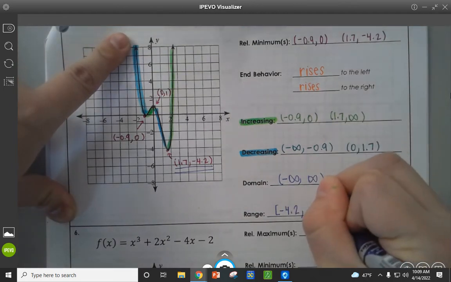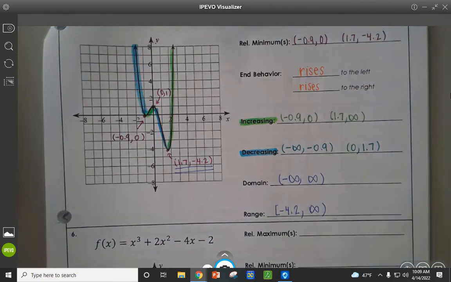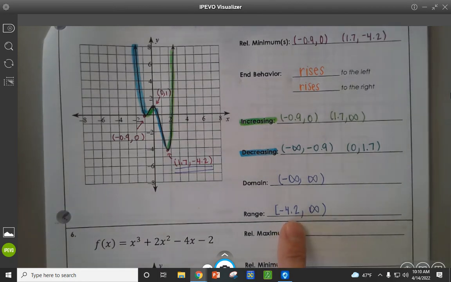Yep, so infinity on the right. So from negative 4.2 to infinity. That is my range. And you have to put the negative 4.2 first. You always put the bottom first and then the top. And then for domain, it's always left and then right.